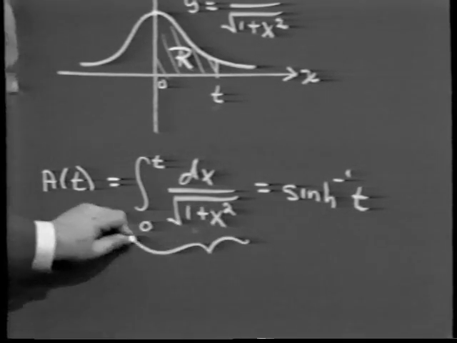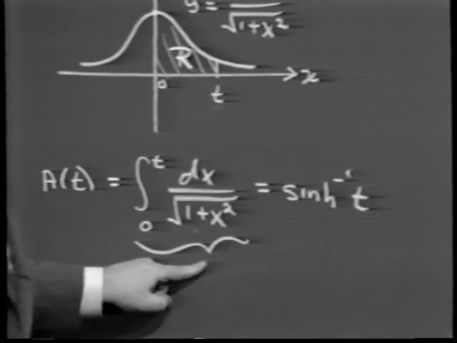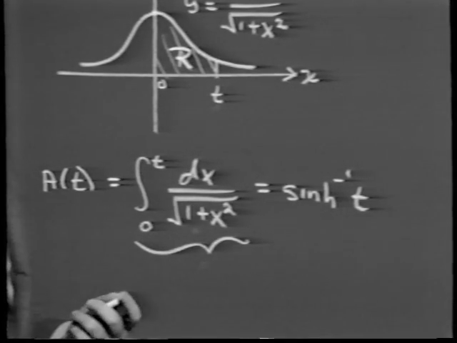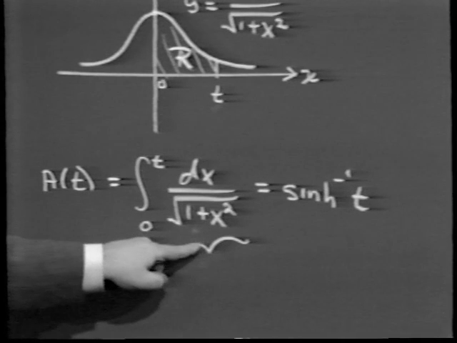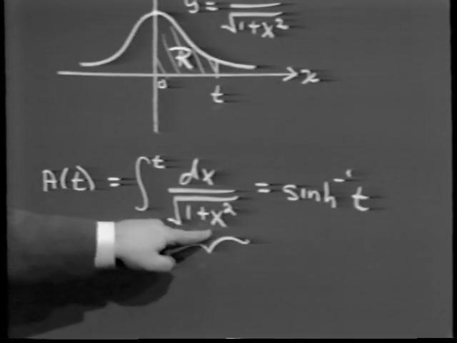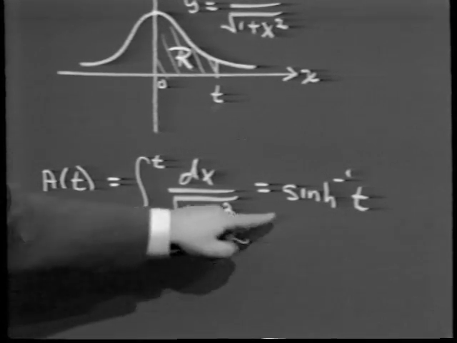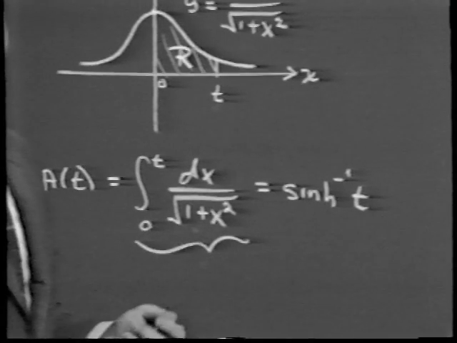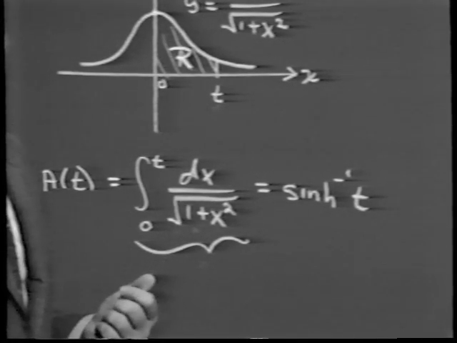The point is, I could, as we talked about in the previous block, try to evaluate this as the limit of a sum, an infinite sum, and go through all sorts of work. But the first fundamental theorem tells us in this particular case that this area just turns out to be the inverse hyperbolic sine of t.